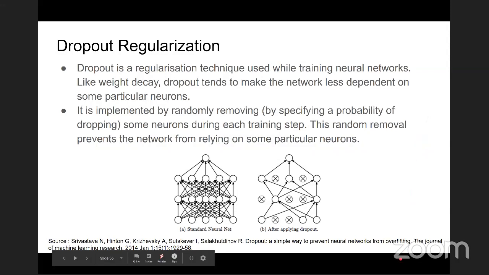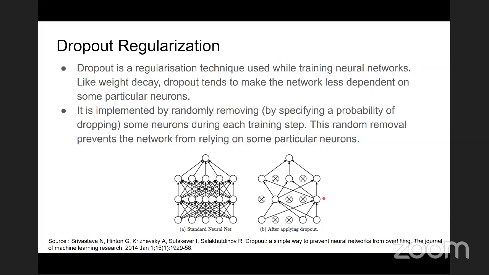The advantage is that for any neuron, let's look at this neuron, right? This neuron was dependent on this neuron, this neuron, this neuron, this neuron, and this neuron. It was dependent on 5 neurons. Now it is forced to not be overly dependent on all the neurons in the previous layer. What does that do?